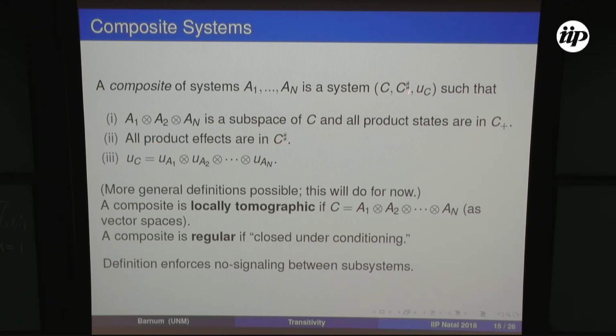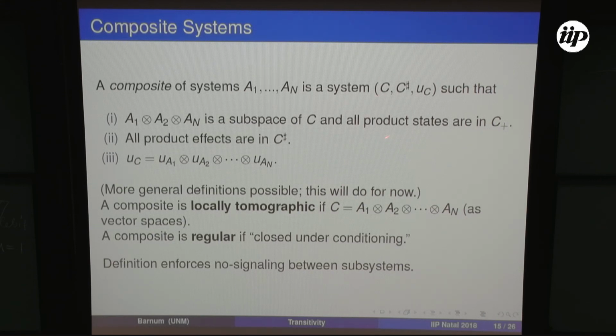I think this was formulated in case you had a restricted subcone of the dual cone C, which we'd call C sharp. But all product effects have to be in it. And the order unit, the unit effect, is just the product effect. And now we call the composite locally tomographic if this ambient space actually is the real vector space tensor product. And that means that expectation values of product effects actually determine a state. That's why we call it local tomography.